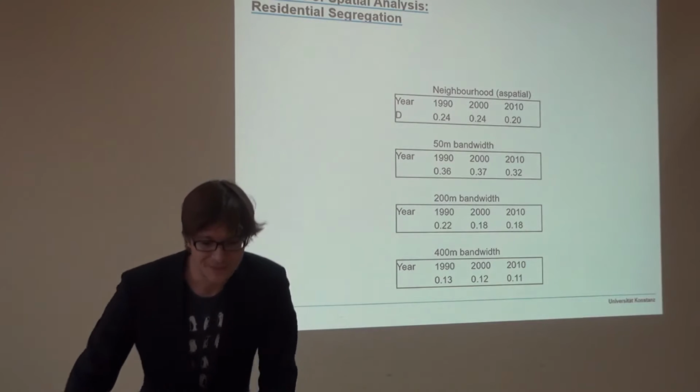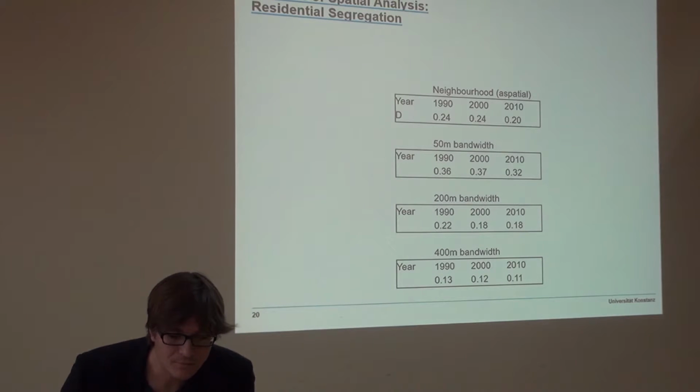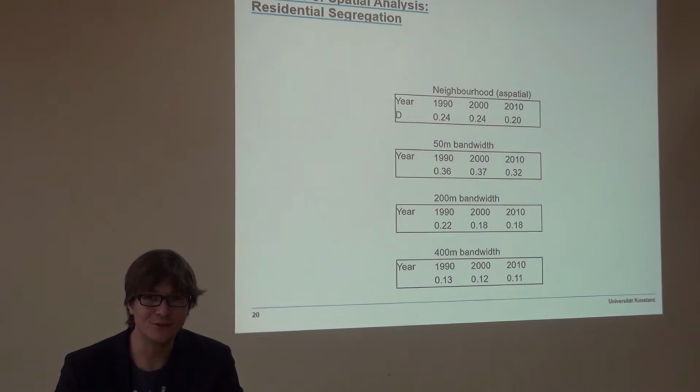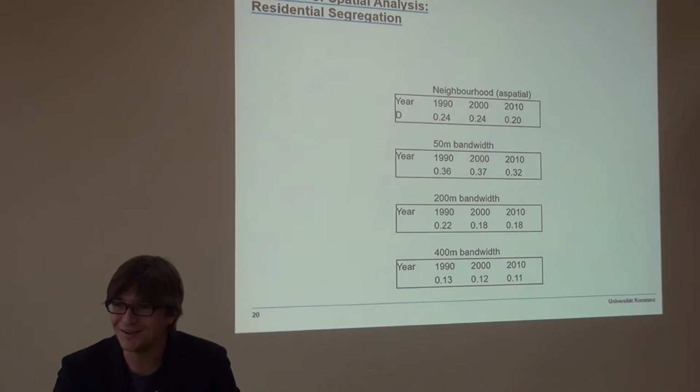That's something you probably could do, but you have to have good data. In this case we had the location of each resident, and you rarely have this kind of precise data. But probably for other questions you can use this kind of spatial segregation index.